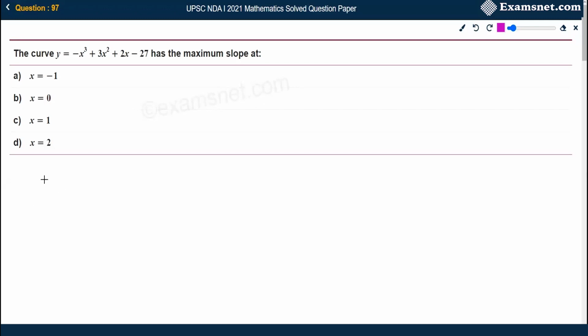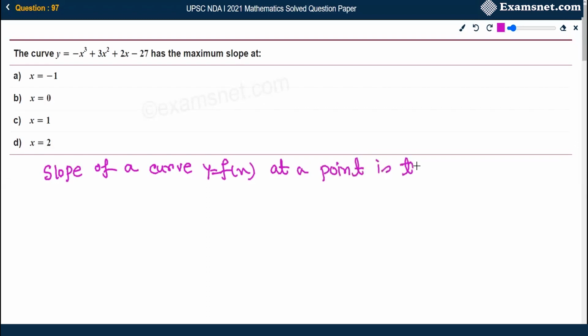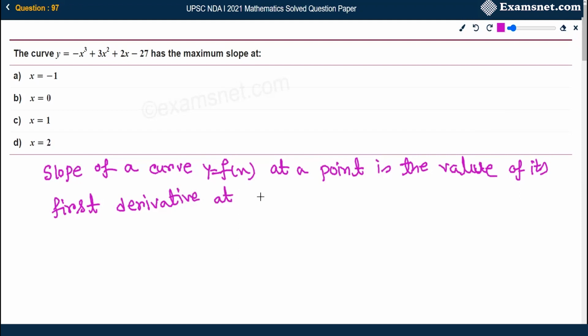So first of all, the slope of a curve, let's say y equals f of x, at a point is the value of its first derivative at that point.